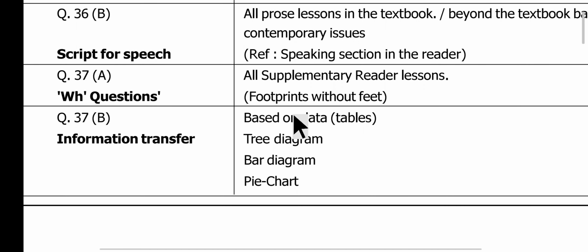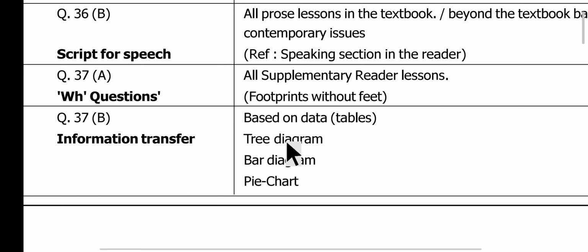Now the last item of the question paper is WH questions, which remains the same, but here the supplementary reader context is the base for preparation of WH questions based on the given passage. The last one is 37B, information transfer, which can be based on data, tables, tree diagram, bar diagram or pie chart. So these are the sources of data for preparing the information transfer question.